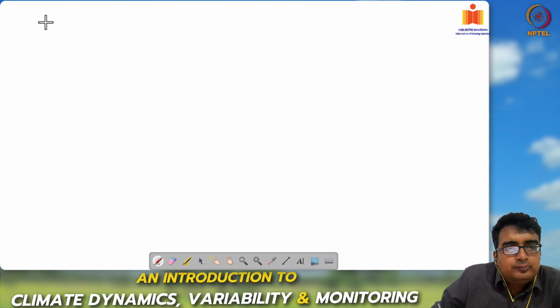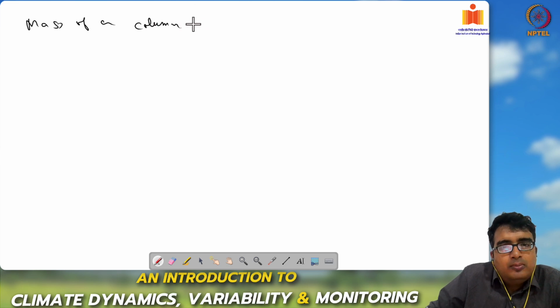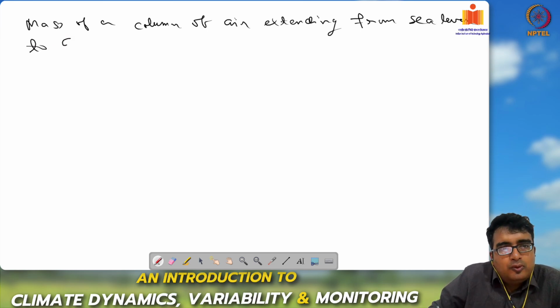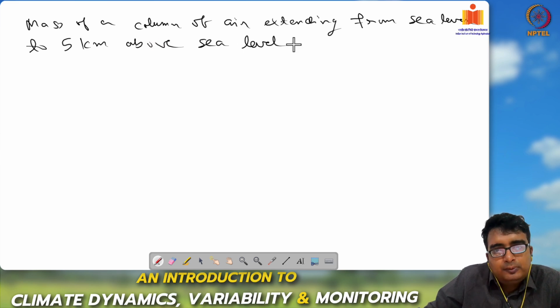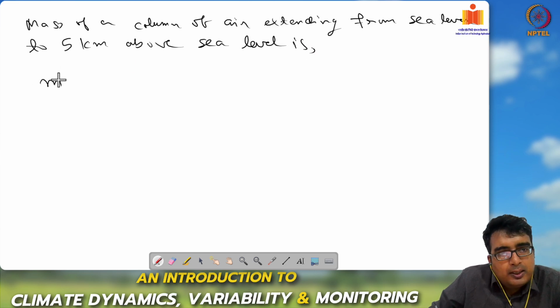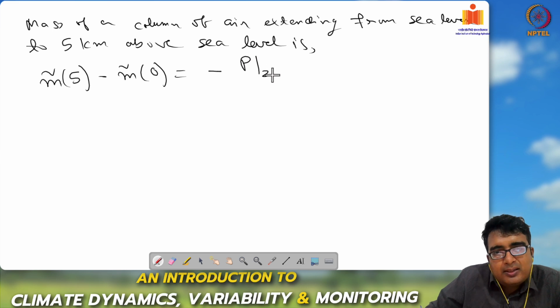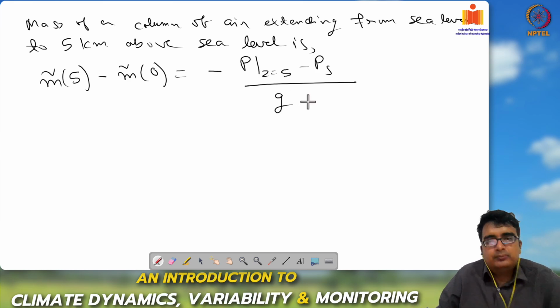Then the mass of a column of air extending from sea level to 5 kilometers above sea level is m at Z equals 5 minus m at sea level, equals minus P at Z equals 5 minus PS, by G. Correct?